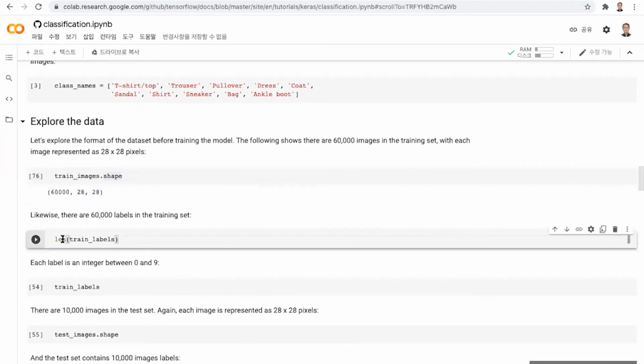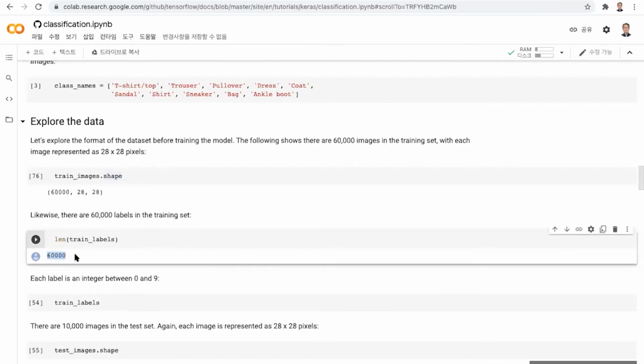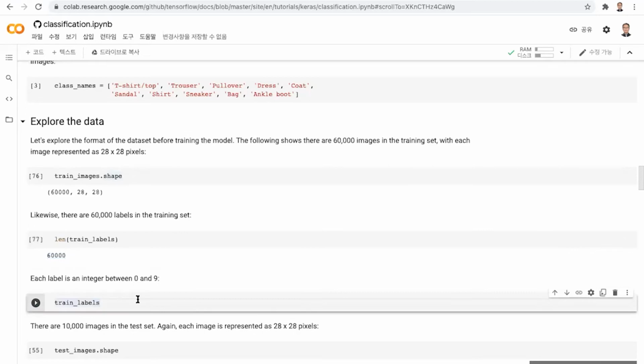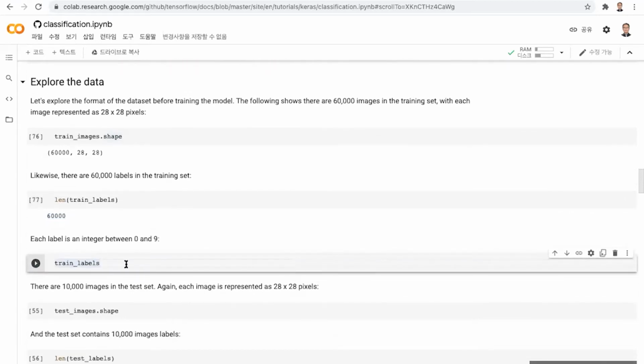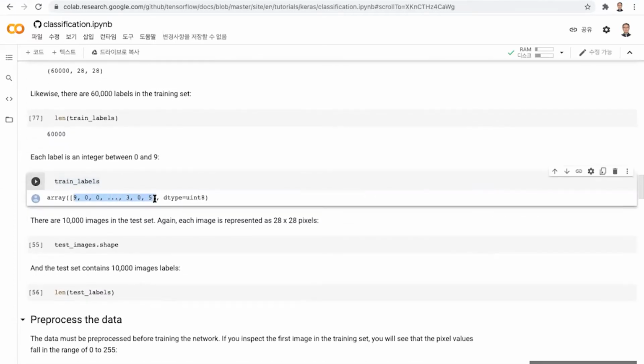Then we can also see the length of the train labels. The length of the train labels is also 60,000, which means for each image there is one corresponding label. Let's see what's actually inside the labels. The total number of elements in this array is 60,000, but it shows the first three and the last three. The first ones are 9, 0, 0.